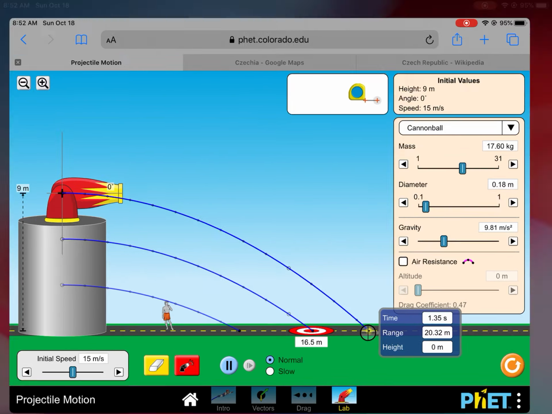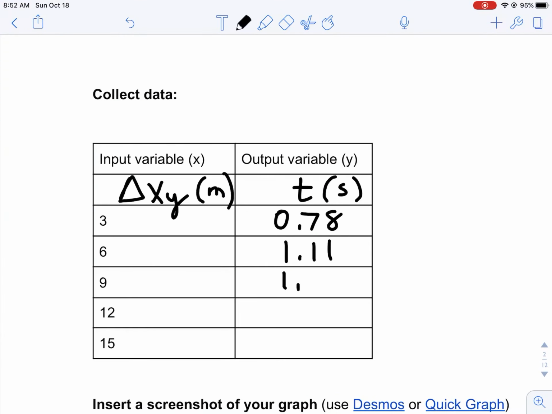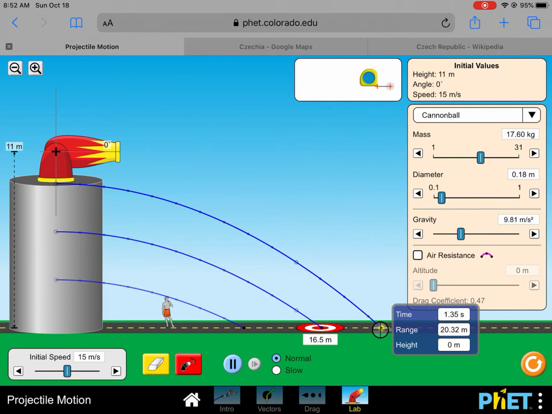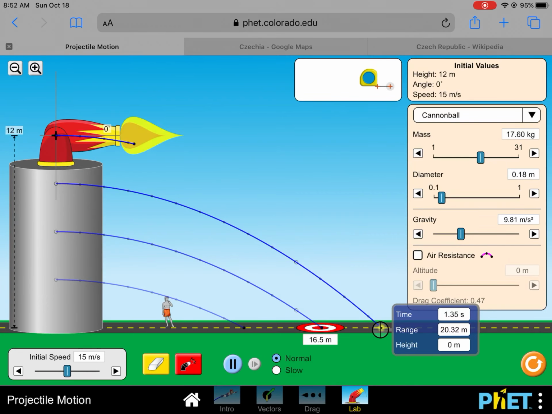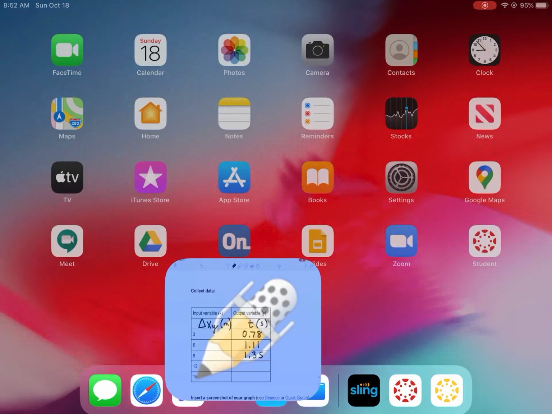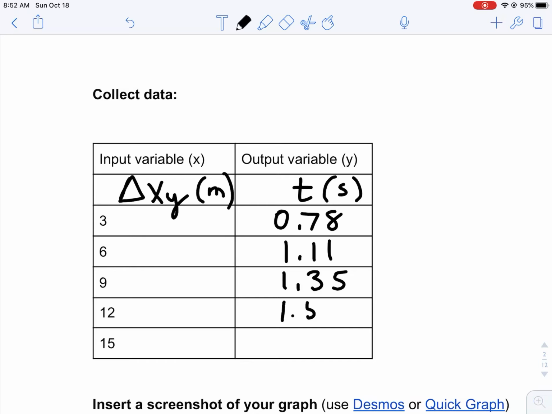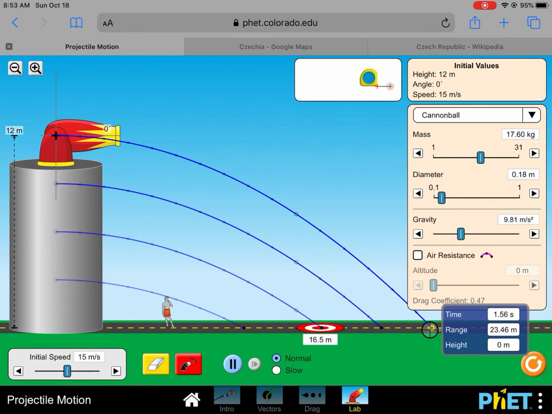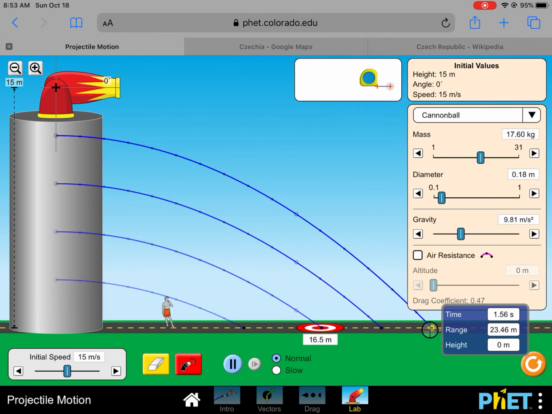I get 1.35 seconds. 12 meters. 1.56 seconds. And finally, 15. 15 meters is the max height for this lab.